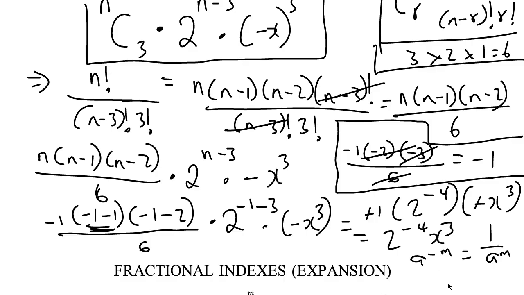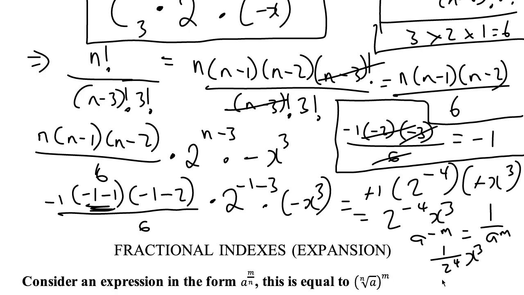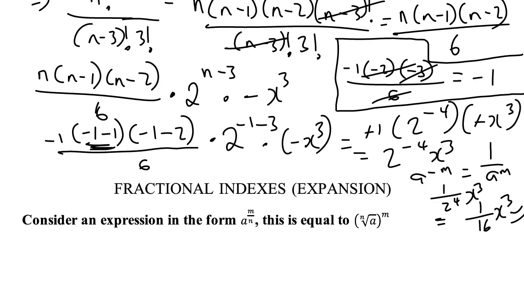So 2 to the power negative 4 is the same as 1 all over 2 to the power 4. Then we have x cubed. And 2 to the power 4 is 16. So our final answer can be written as 1 over 16 x cubed, and that is the fourth term of the expansion. Hope you get it, right?